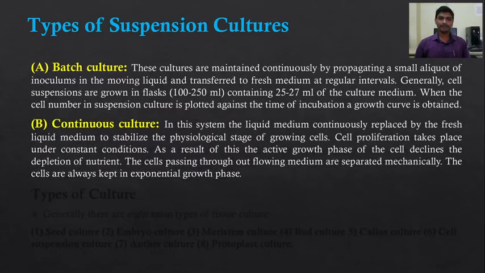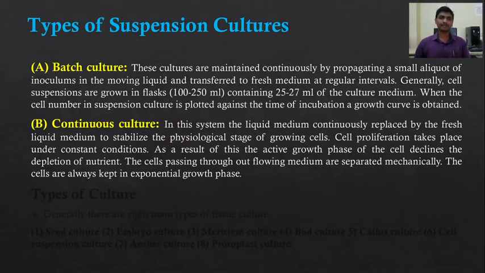To the contrary, the second type is the continuous culture. In this system, the liquid medium is continuously added to the culture to stabilize the physiological state of the growing cells. So in continuous culture, the nutrient medium is continuously added. The liquid medium is continuously replaced by fresh liquid medium.